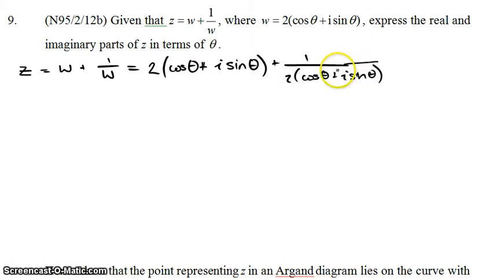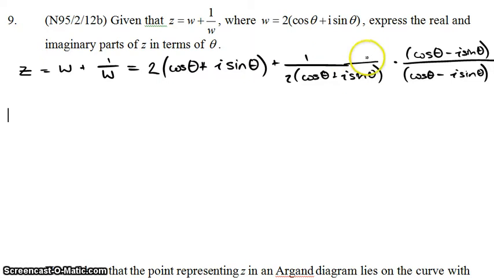But of course, I don't like this fraction because it's got a complex number in the denominator. So I'll multiply by the complex conjugate, which is cosine theta minus i sine theta over cosine theta minus i sine theta. I don't need the 2 because it's just a constant at the front. So I'm just multiplying it to the second term here.